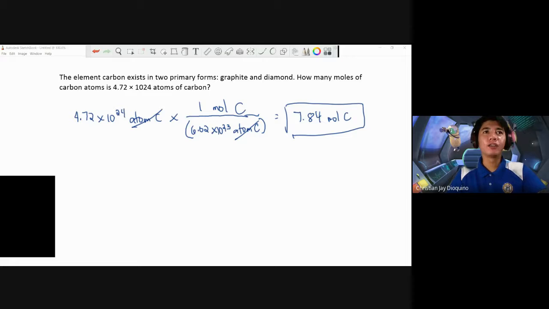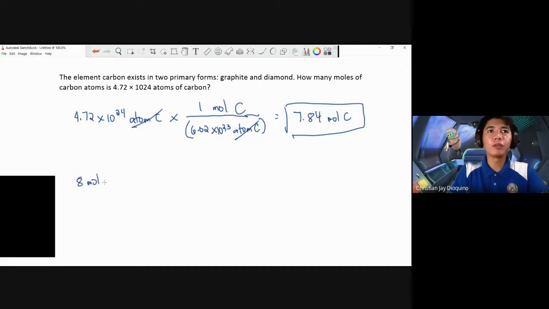Okay? So how about kapag ang gagawin naman natin let's say given yung number of moles but ang hinahanap is representative particle. So anong gagawin nyo? Halimbawa, given yung number of moles ni carbon na 8.